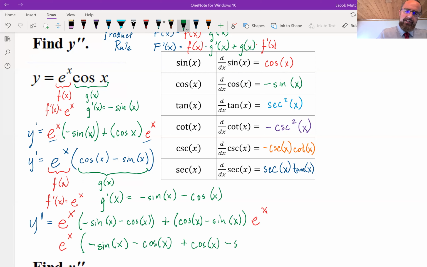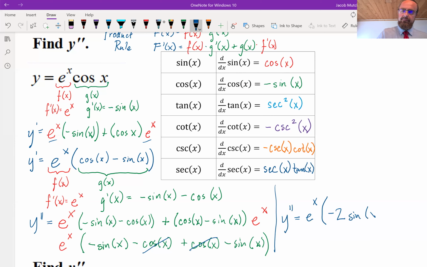As I finish writing, see if you can locate any cancellations in that sum. I see that the sine values won't cancel because they're both negative, but my cosine, one negative, one positive, will cancel. And so what I'll get here is y double prime, or second derivative of y, is e to the power of x times negative 2 sine of x.